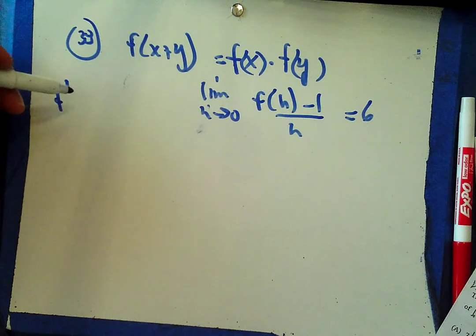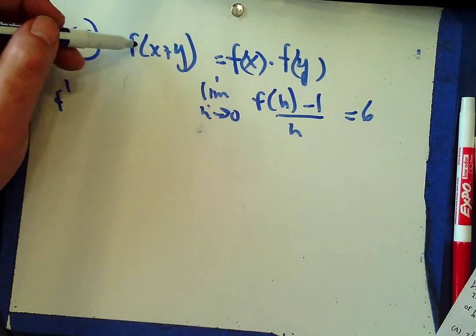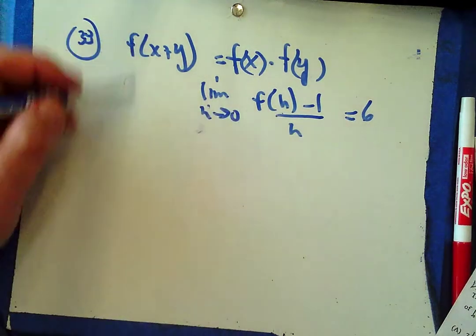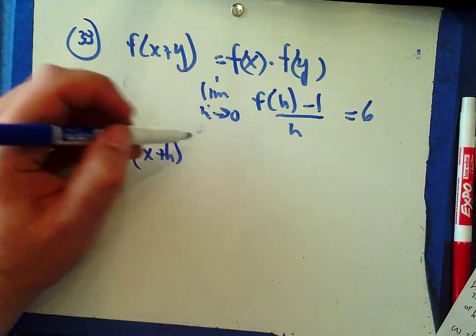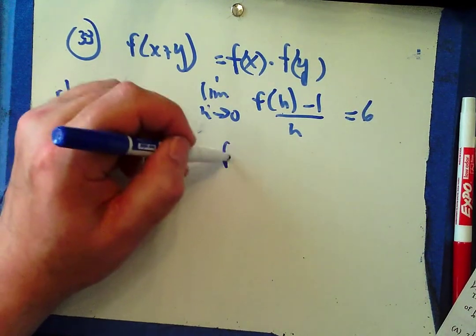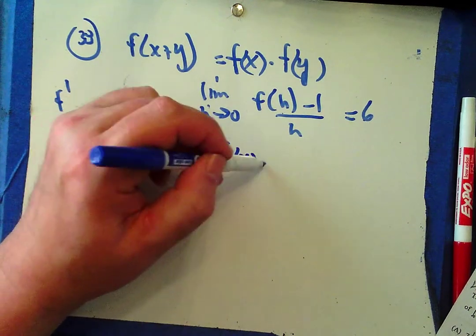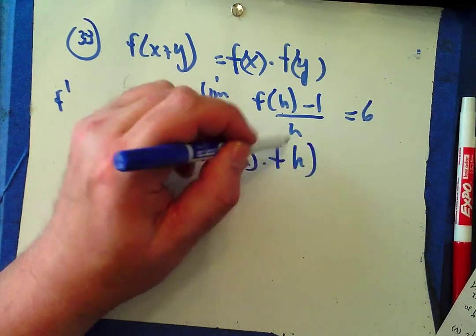Okay, well, since I know this, and I see these h's, I'm going to say f of x plus h equals f of x times f of h.